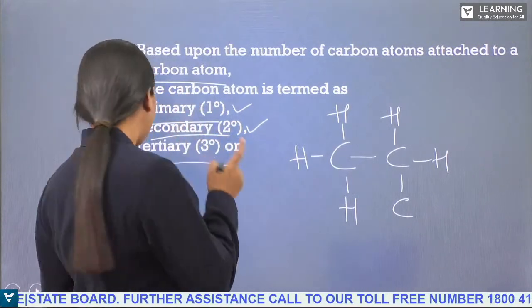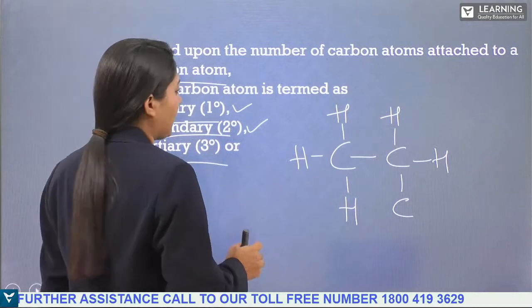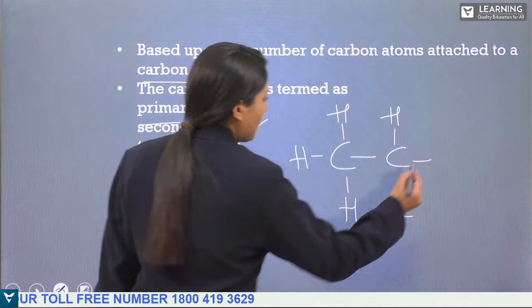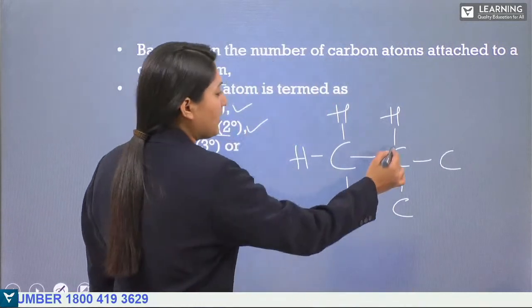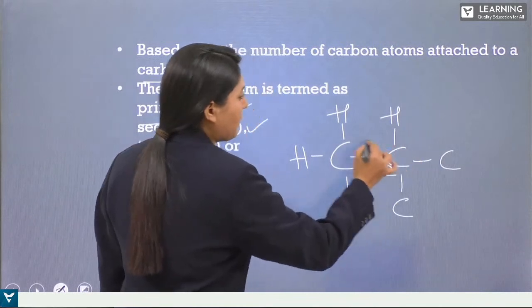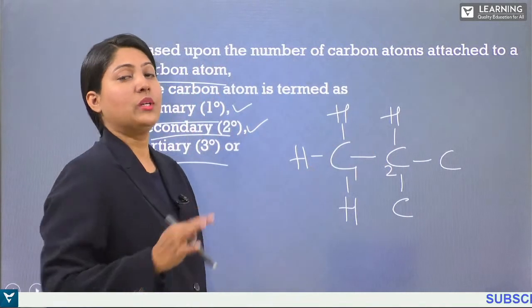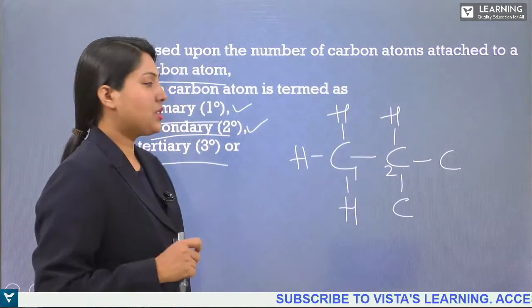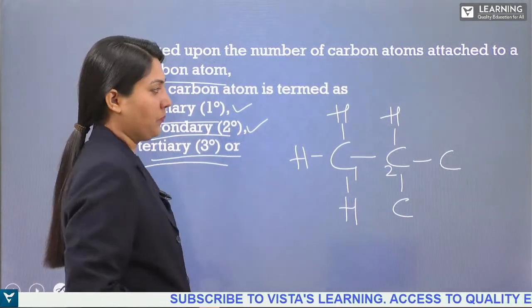If I want that to be tertiary, then 3 carbon atoms should be attached to it. This is 1, this is 2. The second carbon atom which is linked to 3 different carbon atoms will be called a tertiary carbon atom.